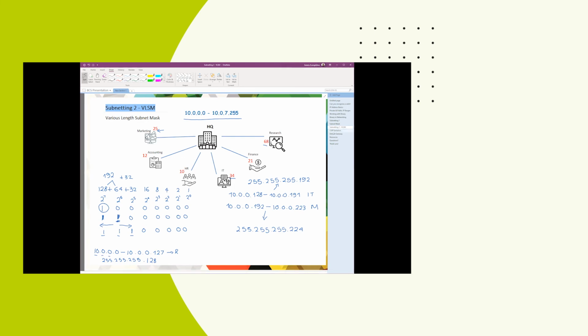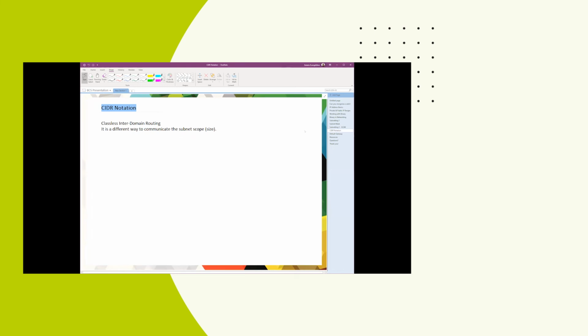Let me return here because I need this space to write. So we say, your IP address is 10.0.0.5, and your subnet mask is 255.255.255. Let me put the 0 here because it's easier.